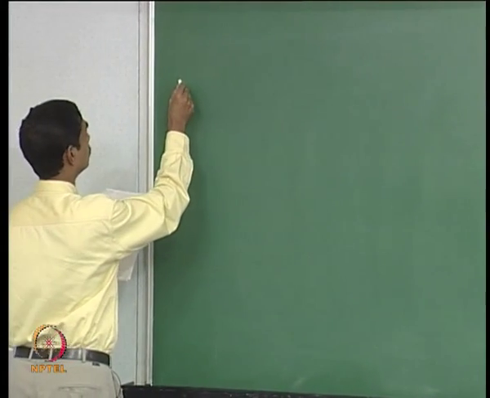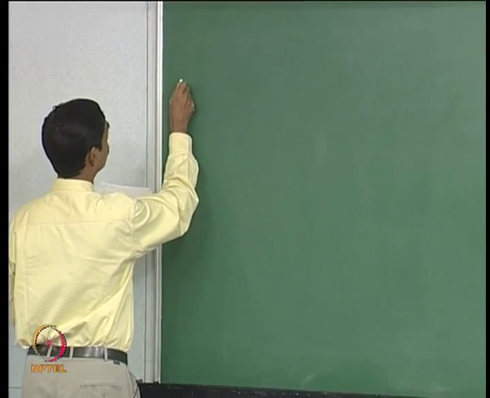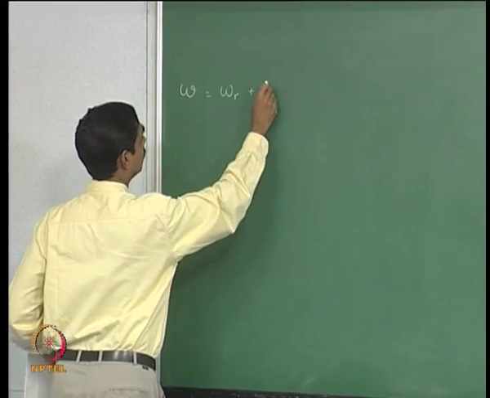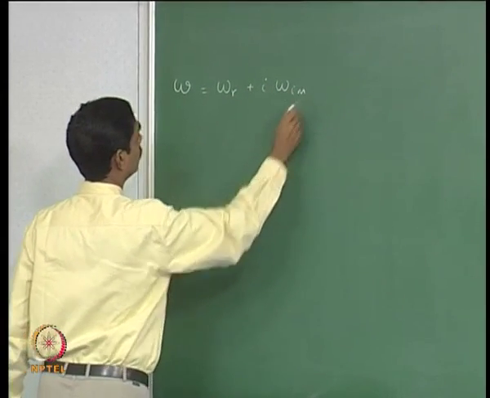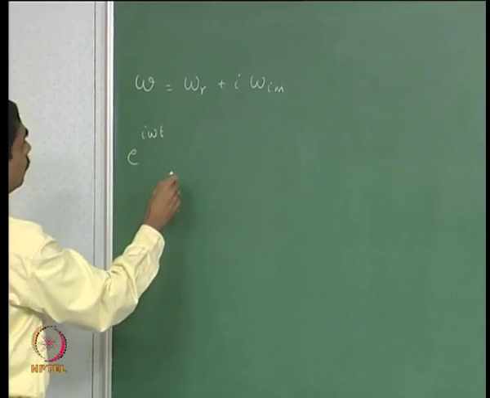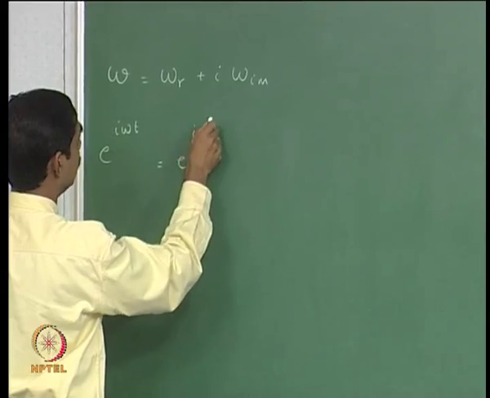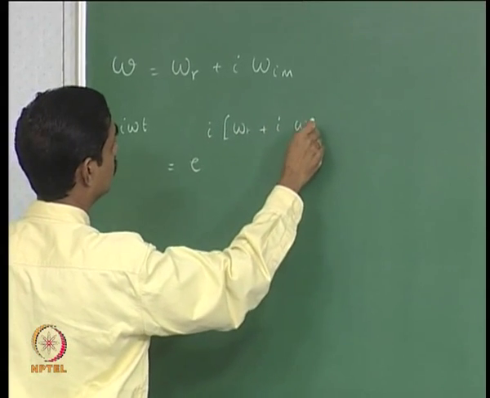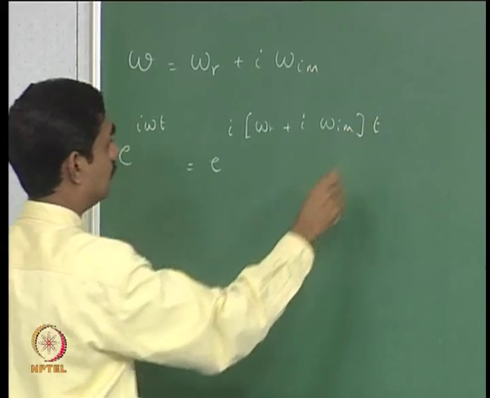Let's think of omega as omega real plus i times omega imaginary, and let's look at e to the power i omega t, which is e to the power i times omega real plus i times omega imaginary, times t.